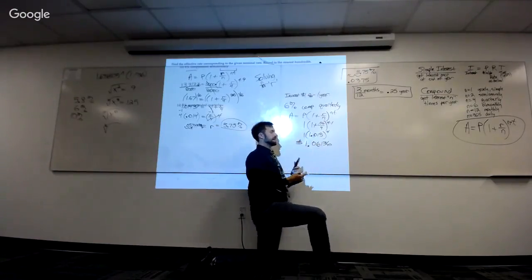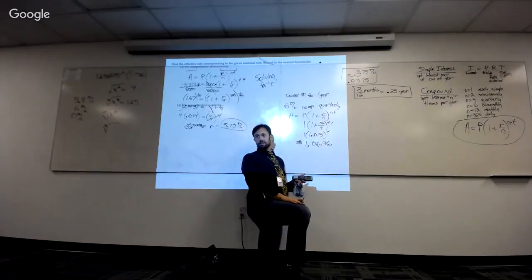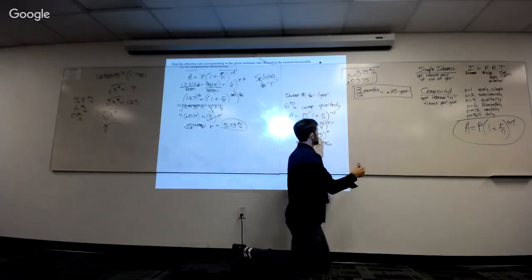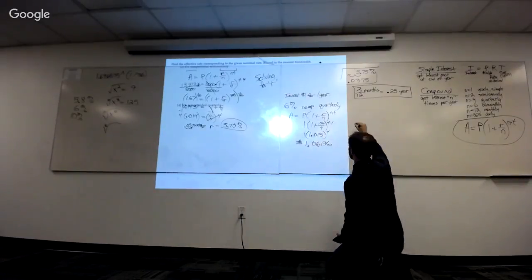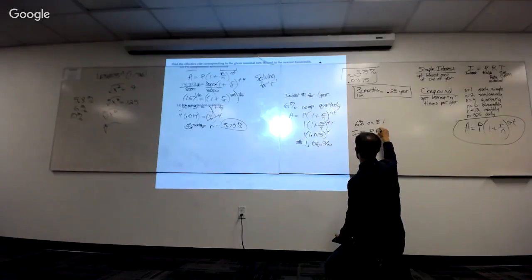Is that the same as getting 6% interest? What if I had only, truly, earned 6% simple interest on $1? How much money should I have? If you just did simple interest, I equals PRT on $1, so that's 1 times 6% for 1 year. How much interest would you end up with?